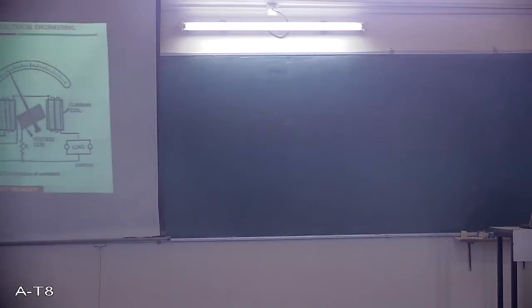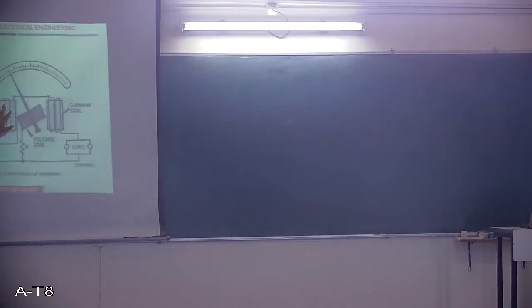These coils are air cored. Why air cored? Because if I use the wattmeter with AC, hysteresis loss will come into the picture. If it is an air cored coil, hysteresis loss would be minimum. So these two are air cored coils having thick wire and few turns.